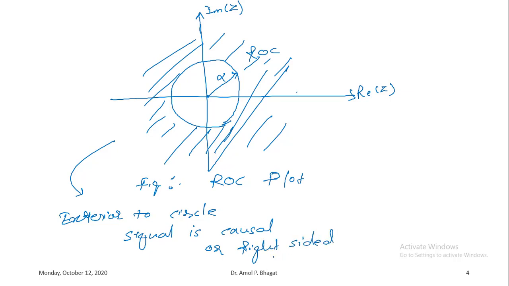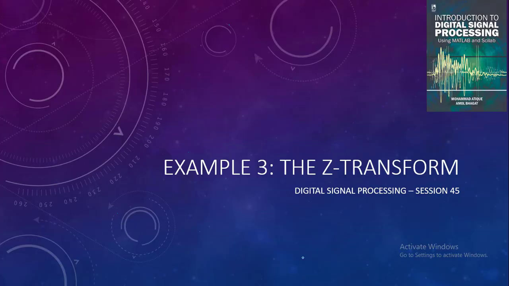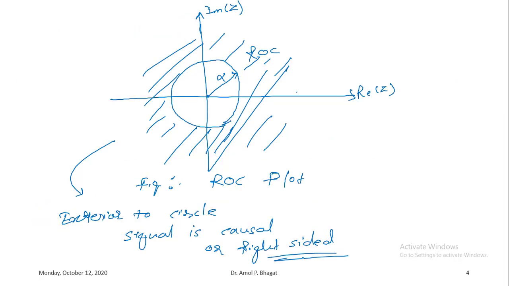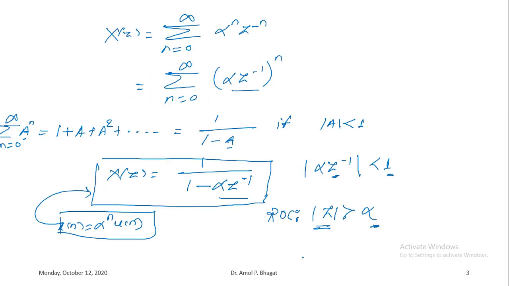When we call it a right-sided signal, that means values in the signal will be present on the right hand side of the origin only. That means on the left hand side of the origin there will not be any value present. So this is how we obtain the Z transform of the given signal and how we plot the ROC of the obtained Z transform.